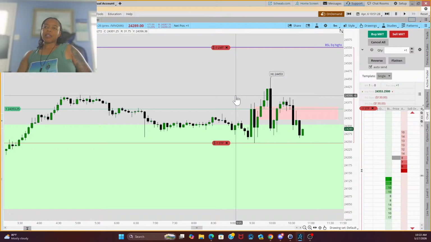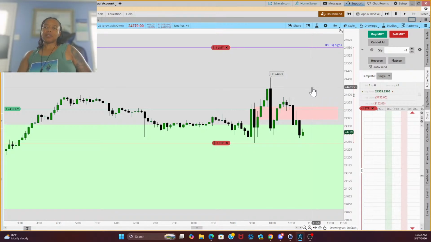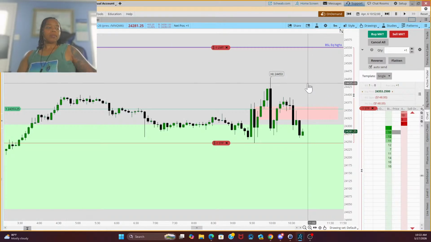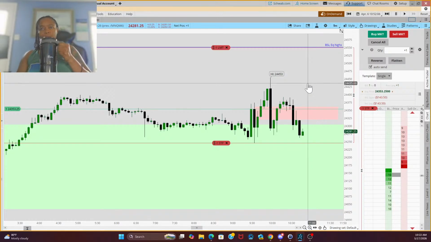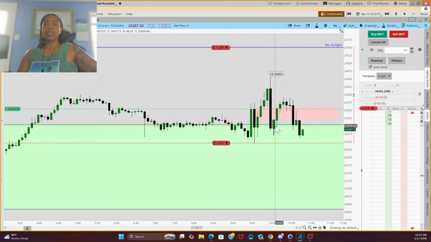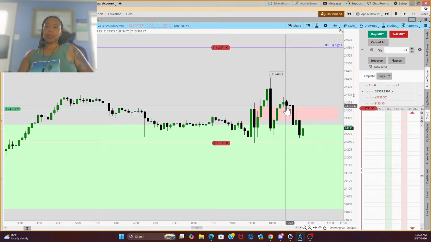And right now that 1-hour candle is closing aggressively bearish. Engulfing even. And honestly, after we pull back up here, my preference would have been if they kept going.